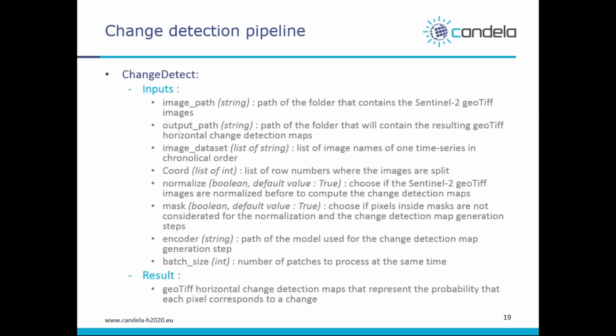to be processed. Then the main module, change detection, will also take as input, as always, a path in which you put all of your geotiff images, the output path where the results are going to be written, and then there is a list of the images, the coordinates that are provided by the split image function, as well as some other options to normalize or to mask the change detection, and the encoder that you're going to use.